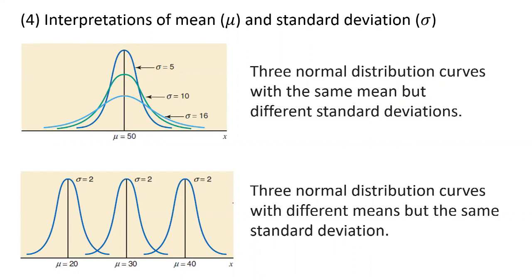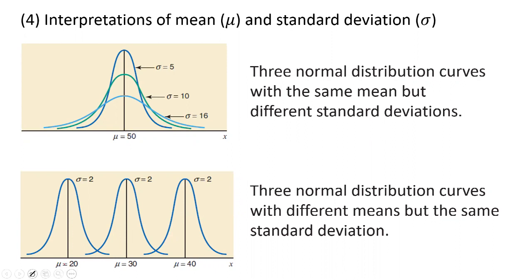Okay, next let's see the second diagram. The second diagram illustrates that these three normal distribution curves have different means but the same standard deviation. If they have the same standard deviation, the dispersion of the data is the same. So the overall shape of the curve is the same, right? But they have different means. For larger means, the curve is on the right-hand side. That means the overall level of the data is larger.